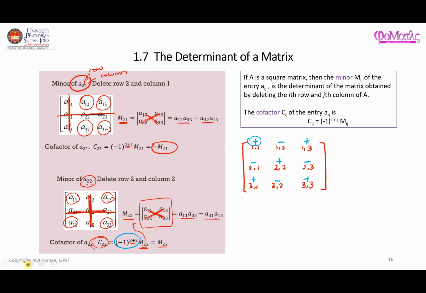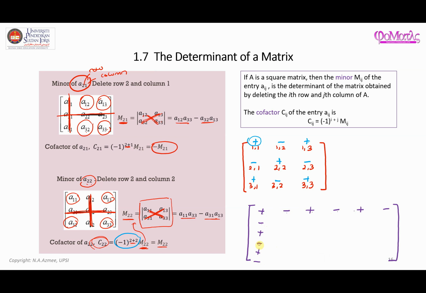Well, you know, it is not hard to determine what the signs are going to look like if you have, for example, a 6 by 6 matrix, okay? So if you have 6 by 6, you have positive, negative, positive, negative, okay? And then you will have positive again, and then negative, because they just keep on alternating. So 1, 2, 3, 4, 5, 6 columns. What about the rows? It will be positive, negative, positive, negative, positive, negative.